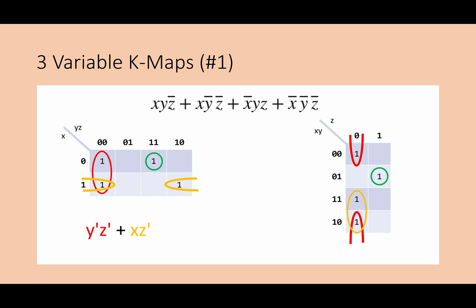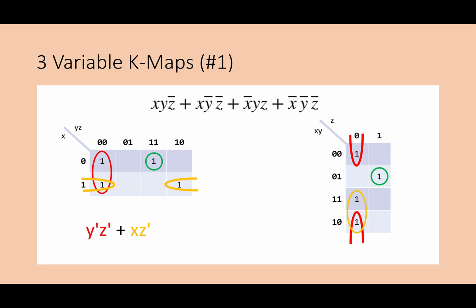Now it's a little harder to see because it's wrapping around, but notice it's always X. X is always 1. Okay? And then let's look at, these are the numbers, right? This is part of the yellow, this is part of the yellow. Well, notice that Y is 0 sometimes and 1 sometimes. So Y doesn't matter. As long as you have Z bar and X, you're good. So that's why the yellow reduces down to X, Z bar.